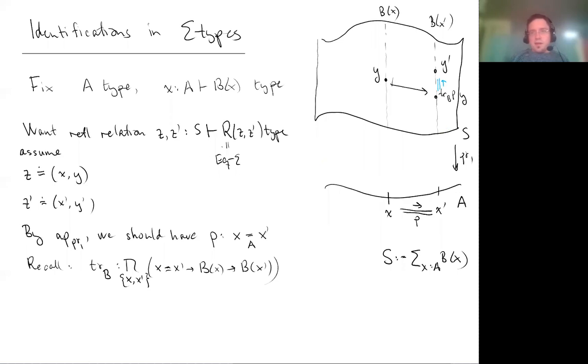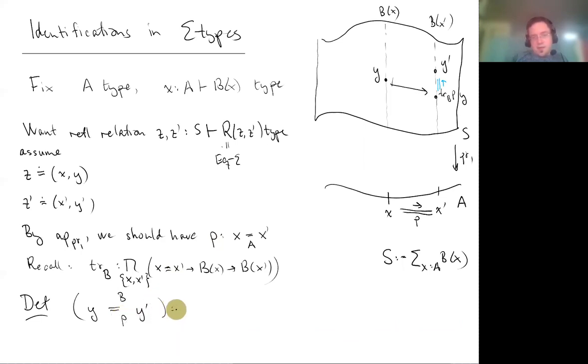Now, the book doesn't do this, but many people who work in homotopy type theory like to think about the corresponding identity type as its own thing. So I'm going to make this definition also, so if you see it somewhere else, you understand what it is. We define a new type of ways of identifying y with y prime in the type family B relative to a fixed p.